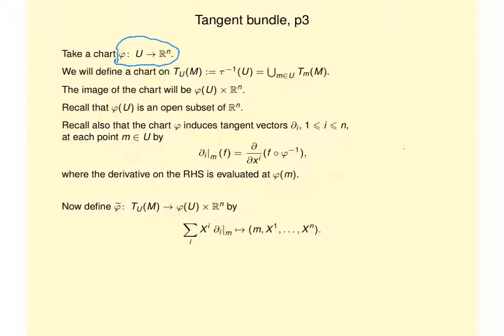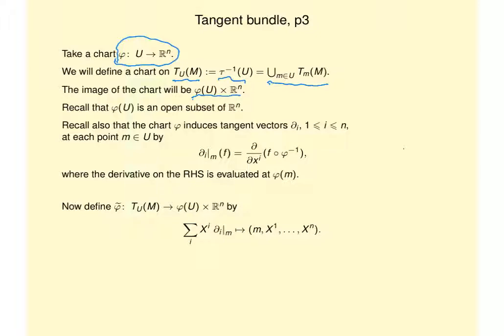And I'll use this to obtain a chart for TU of M, which is the union of all the tangent spaces at points of U. So TOR inverse of U, or simply the union over M in U of the tangent spaces at M. Now the image of the chart is going to be phi u cross Rn.